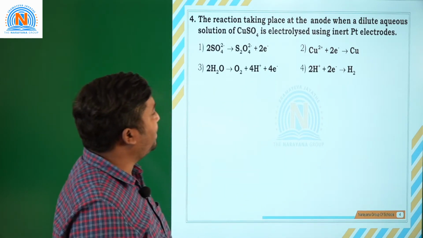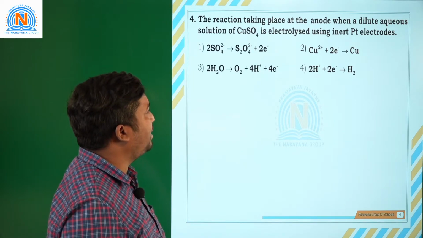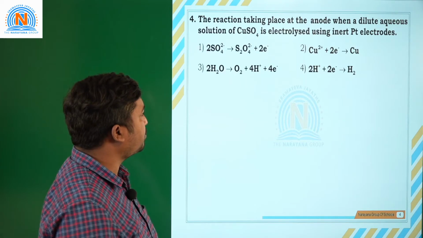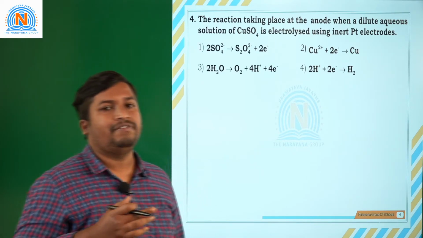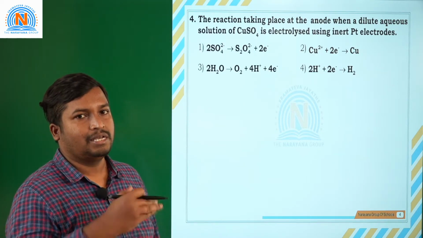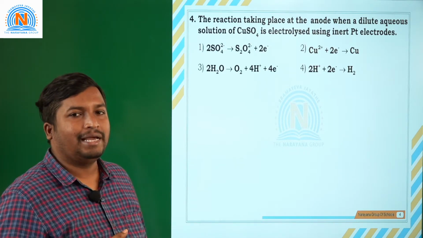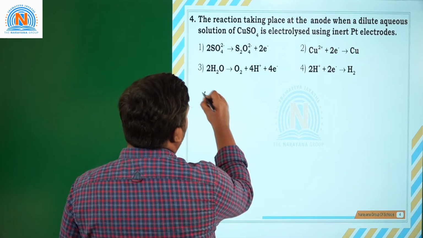The reaction taking place at the anode when dilute aqueous solution of copper sulfate is electrolyzed using inert platinum electrodes. So here, the copper sulfate solution with copper is acting as the cathode, whereas water with platinum is acting as the anode, and the following reactions are taking place. Let us see these reactions.